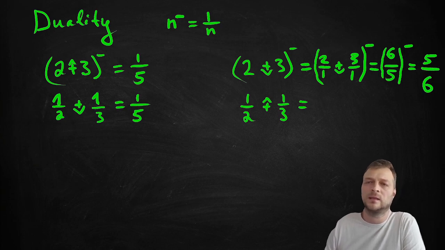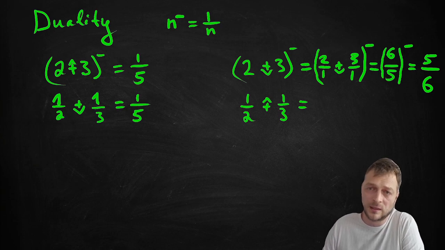Okay, so let's check what is in the last case. The last case will give just our standard fractions addition rule, and we will get 5 over 6.